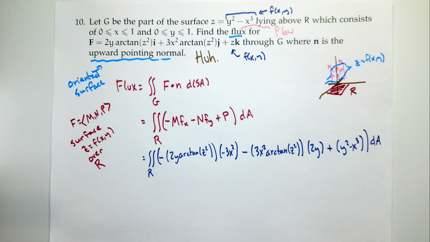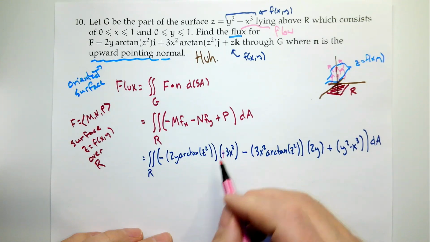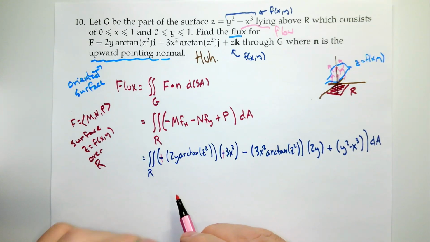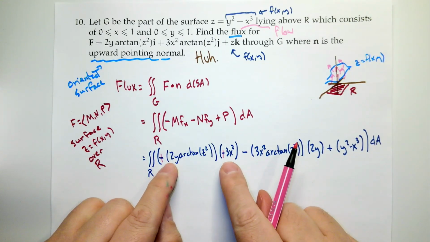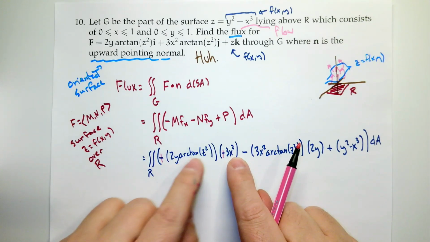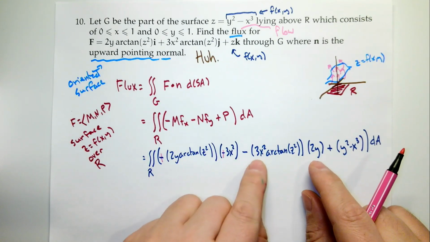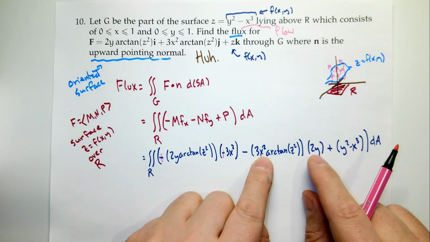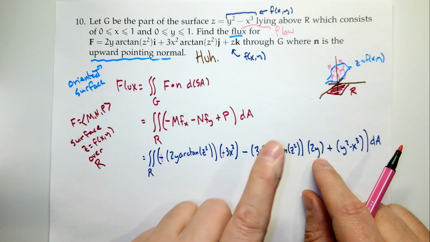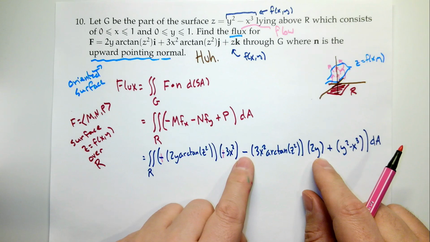Now at this point you're probably just like, how do we do this integral? This is not looking promising. But wait a second, maybe not all hope is lost. Minus minus makes that first term plus. What do we have? We have 6x squared y arctangent z squared. Here we have 6x squared y arctangent z squared, but with a minus.